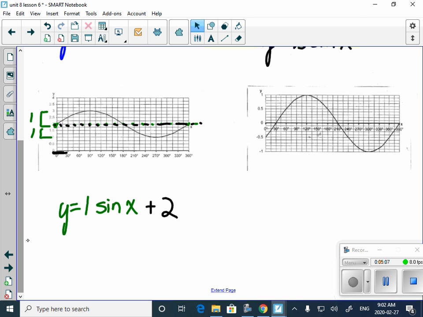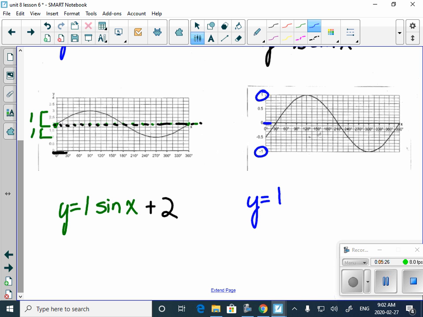Last one. I have a function whose middle is at 0 because I see that the minimum is at negative 1 and the maximum is at 1. So this one still has an amplitude of 1. You have a choice whether you want to make this a cos function or a sine function.